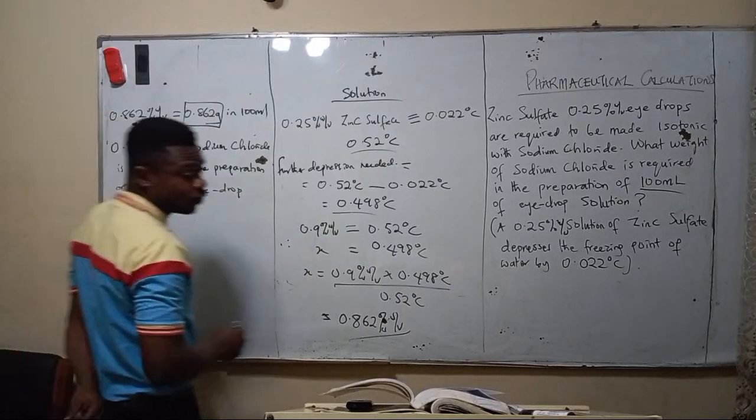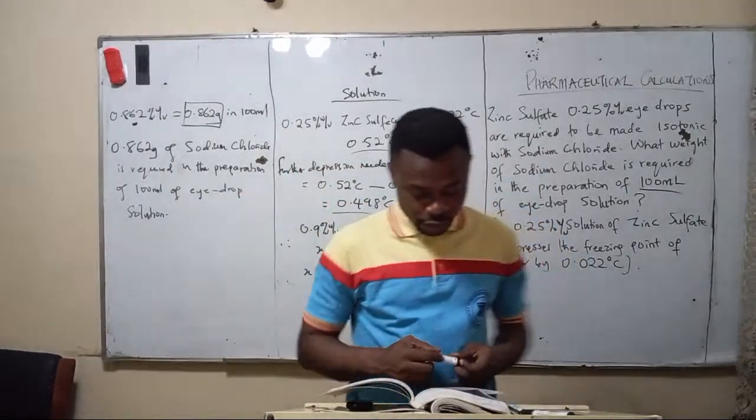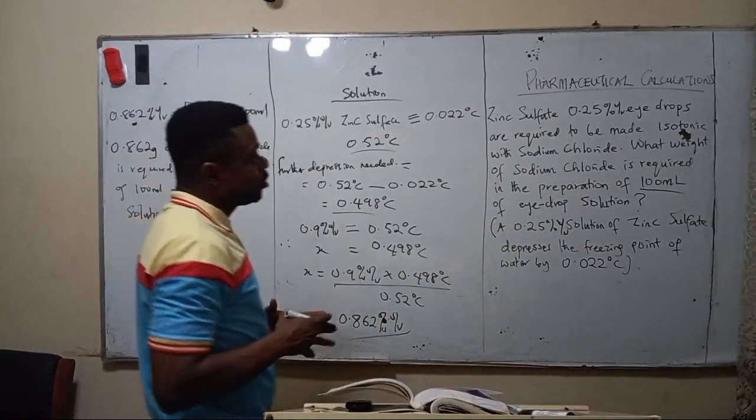So the answer to the question is 0.862 gram of sodium chloride. That's what we need.